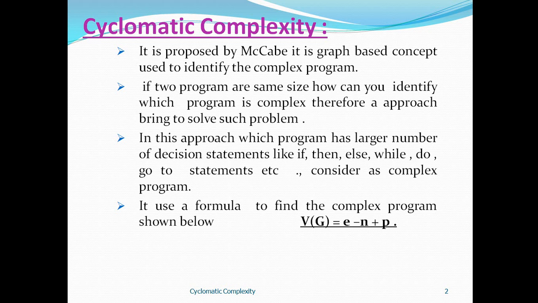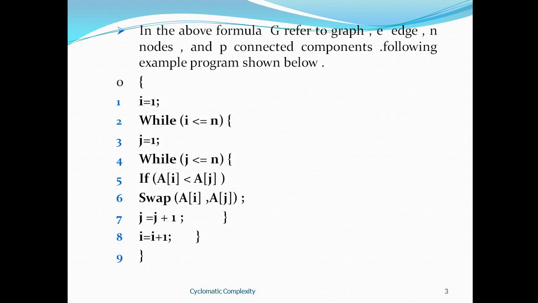It uses a formula to find the complexity: V of G equals E minus N plus P. Consider the following program which has 10 statements, 0 to 9, and every statement performs some task.